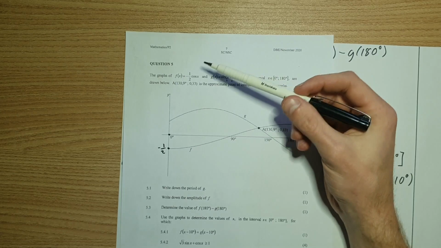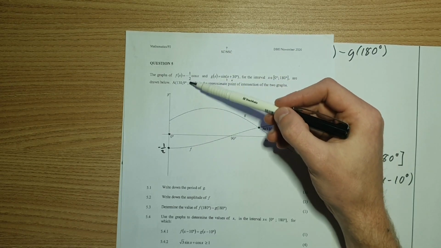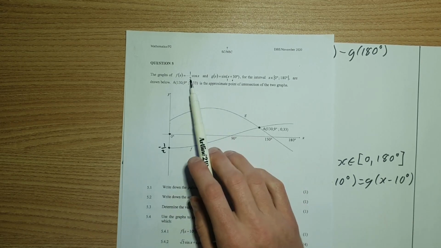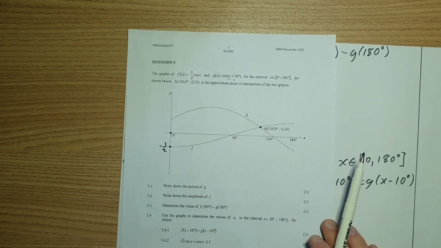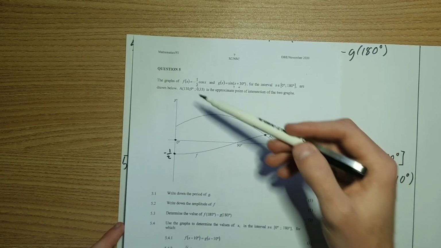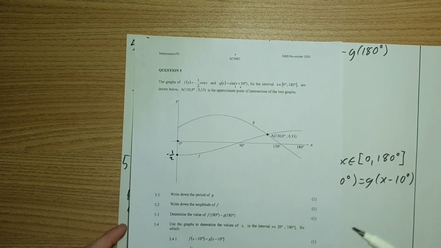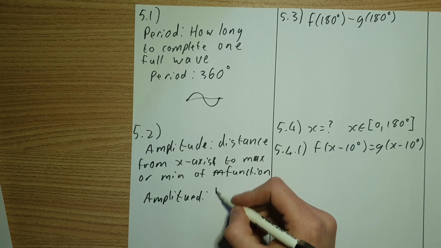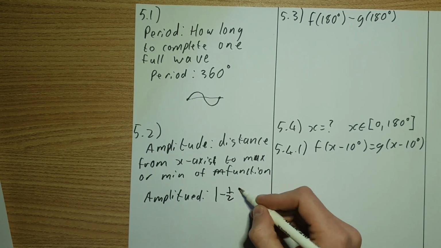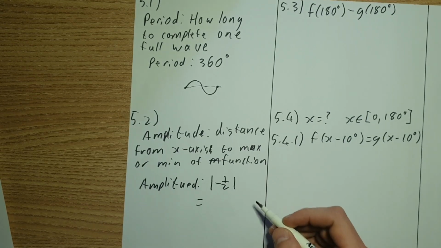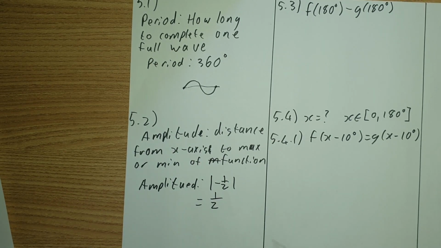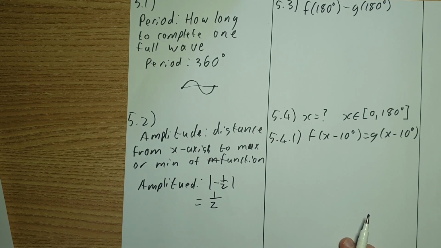Remember from grade 10 that normally the number in front of the function indicates its amplitude for a cos graph. But remember it's a distance, so we're not going to incorporate the negative, we take the absolute value, which is just the positive version of that number. So my amplitude is a half.